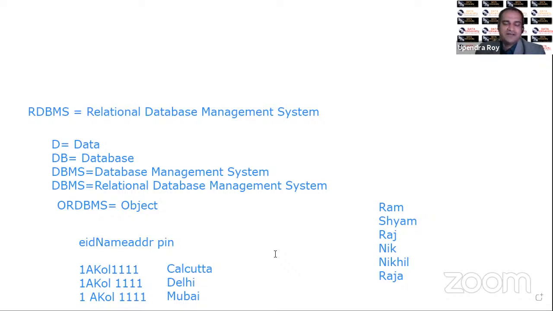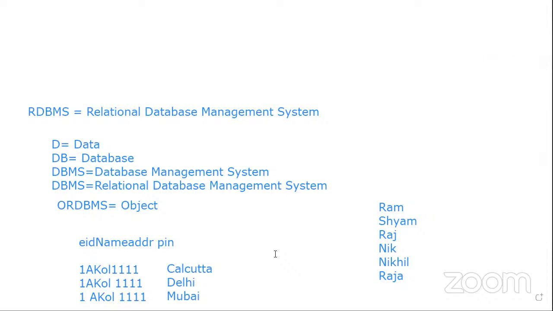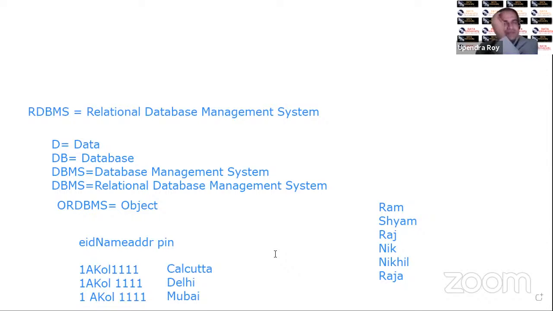No, sir. Okay. MS SQL Server is an example of a relational database management system. Sybase is also an example. All these three or four names I just took are all following Codd's rules.